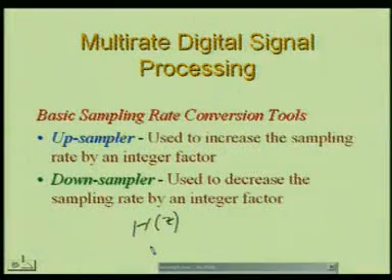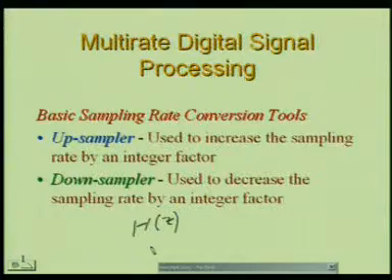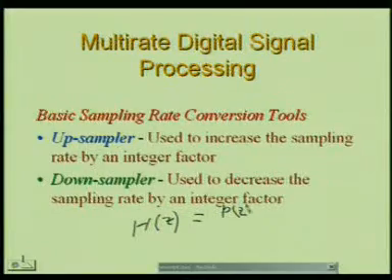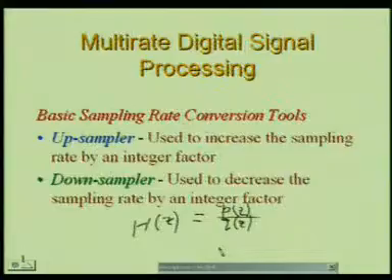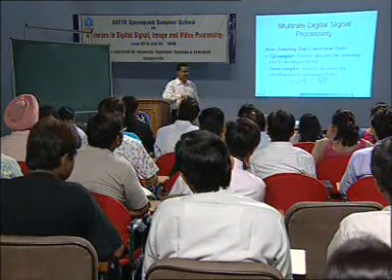Let H(z) be the transfer function of a digital filter. So, H(z) can be expressed as a ratio of say P(z) upon Q(z), where P(z) is the numerator polynomial and Q(z) is the denominator polynomial in z.